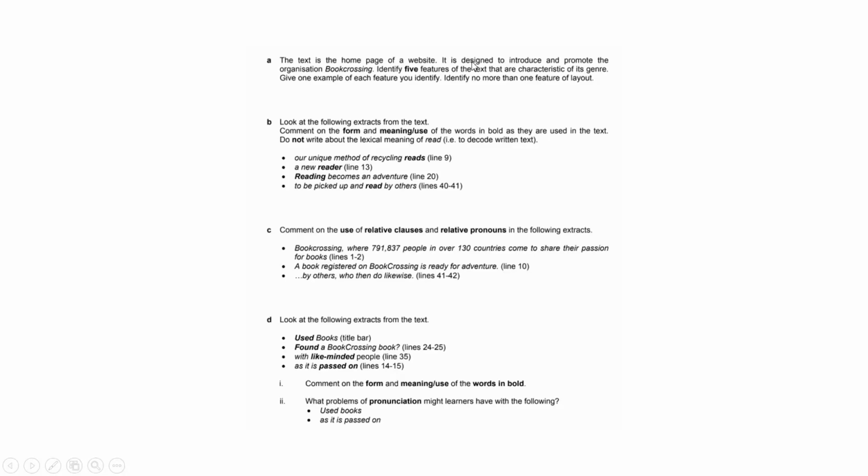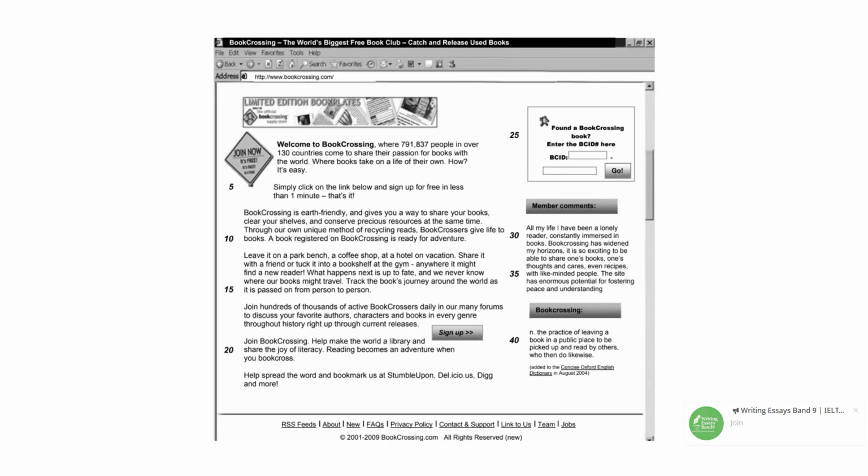Yes. Okay, so part A is always asking about genre features. In the exam, you can see different types of authentic text, such as a leaflet, a website, or maybe a news story. You will have to spend around 40 minutes on this entire section. For part 1, it is a short one, so it is only worth about 5 marks, so don't sweat a lot.